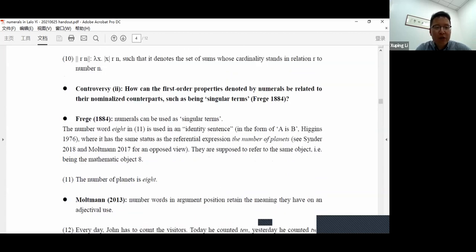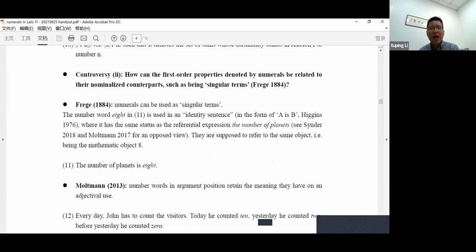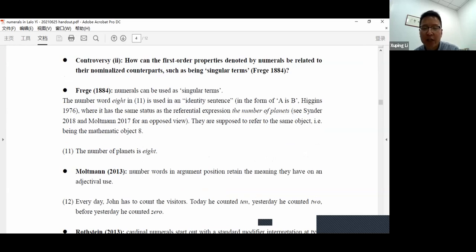That's the first controversy. The second controversy is how the first order properties denoted by numerals can be related to their nominalized counterparts, that is, being a singular term. In the example "the number of planets is 8", Frege uses this example to support the singular term status of numbers.